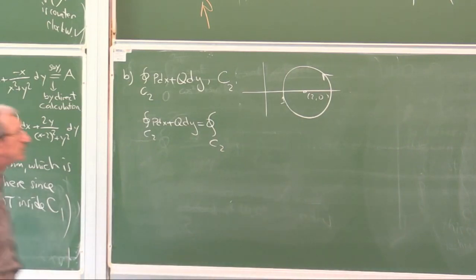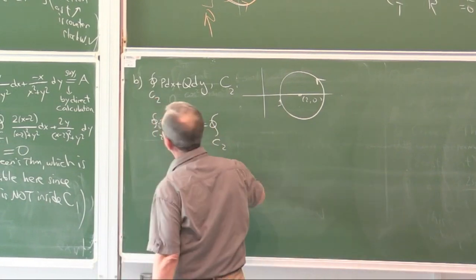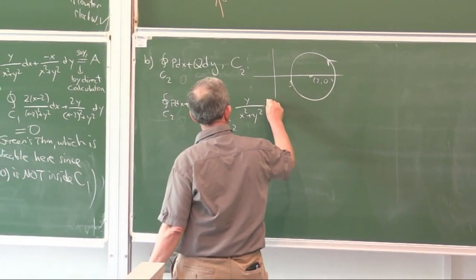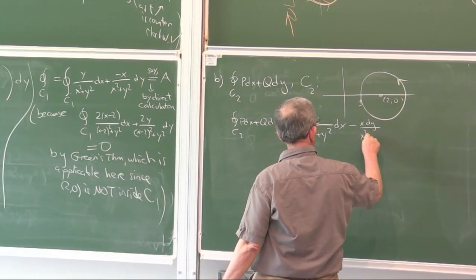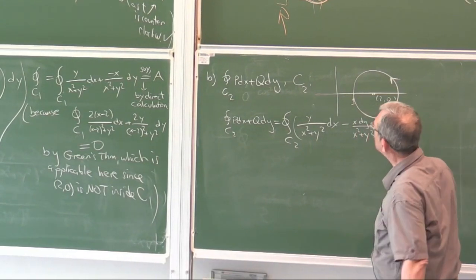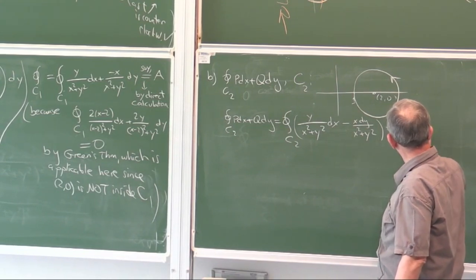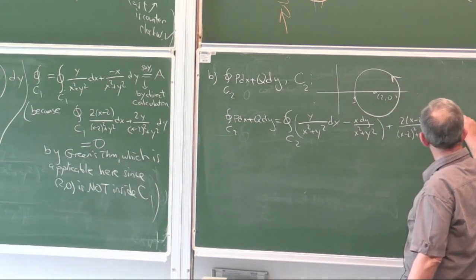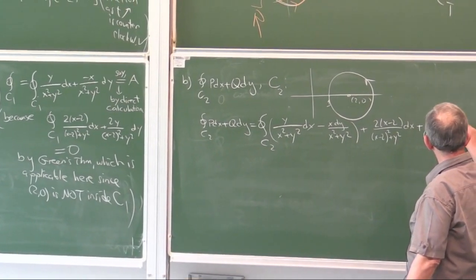Because we have a problem there, let me write them separately then. y over x squared plus y squared dx minus x dy over x squared plus y squared, plus the second terms, that is 2x minus 2 over x minus 2 squared plus y squared dx, plus 2y over x minus 2 squared plus y squared dy.